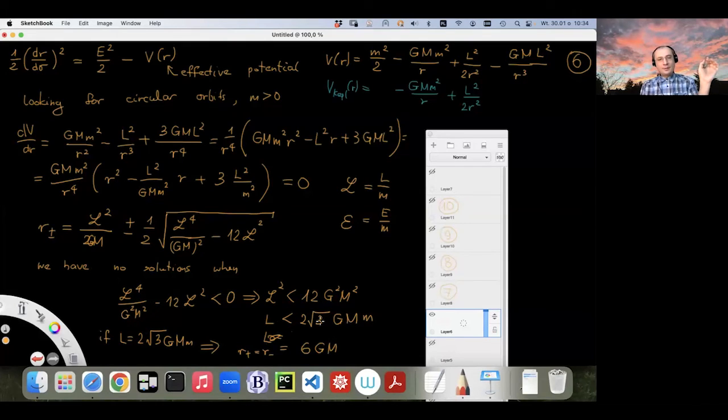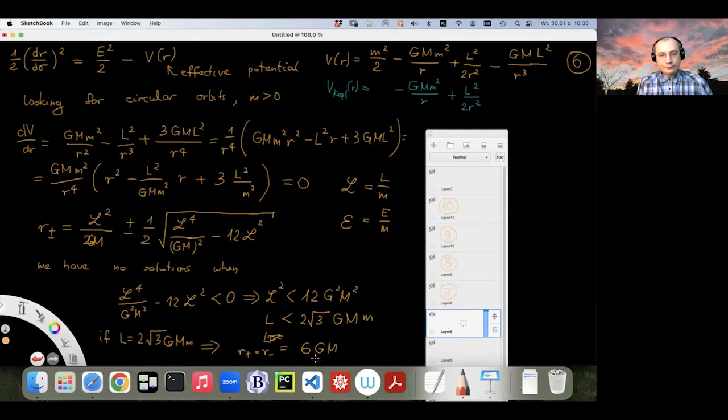So the merging of the two solutions, two branches of the solutions, the stable and unstable one, happens when L is equal to 2 square root of 3 GMm, and then both R plus and R minus are equal to 6GM. You can check it by plugging everything into here, but I don't want to do it.